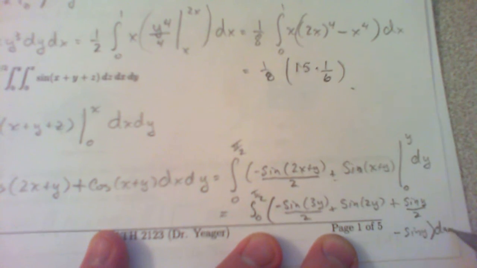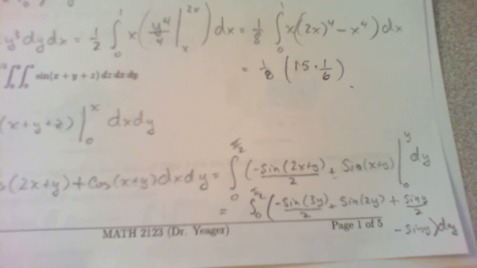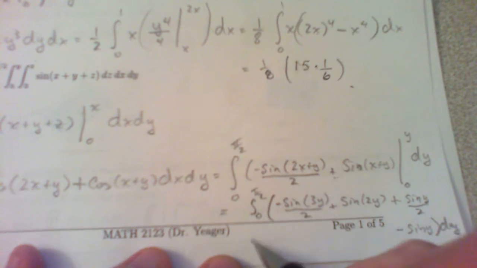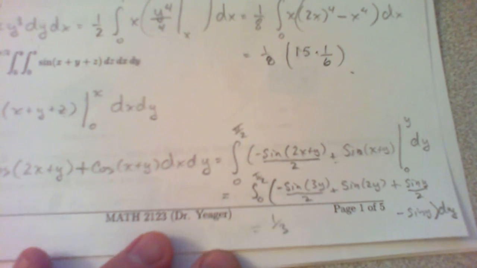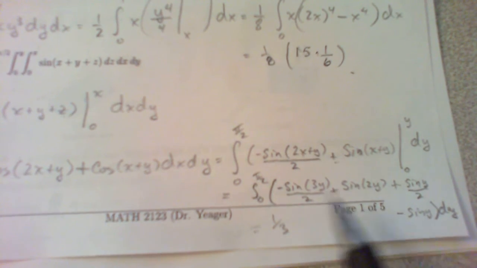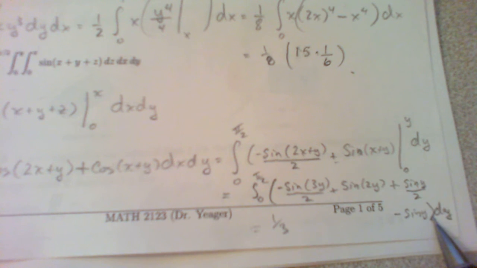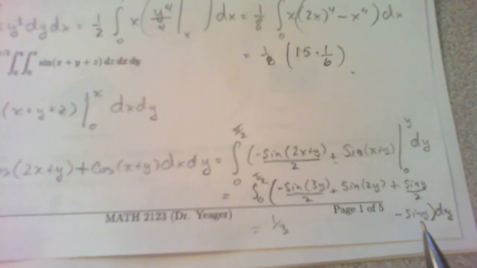Then you have to integrate that thing with respect to y. If you want practice, when you work this out, you're going to get 1/3 to complete this problem. But at this point, it's just a super basic Calc 1 integral. So that's the technique that's going to get used out of all this.